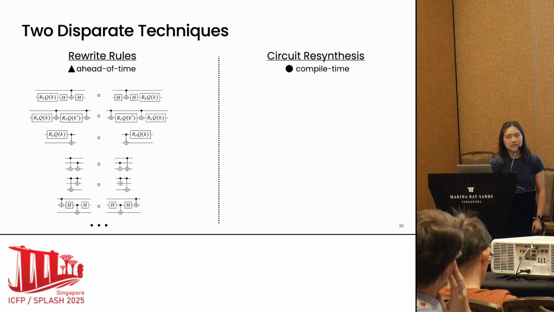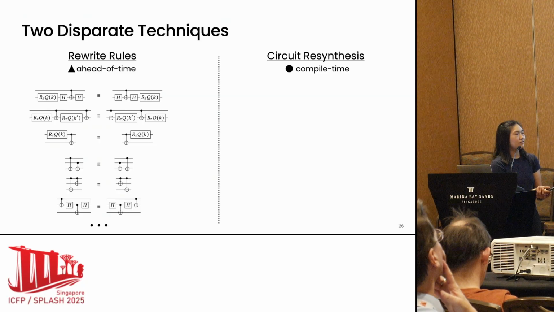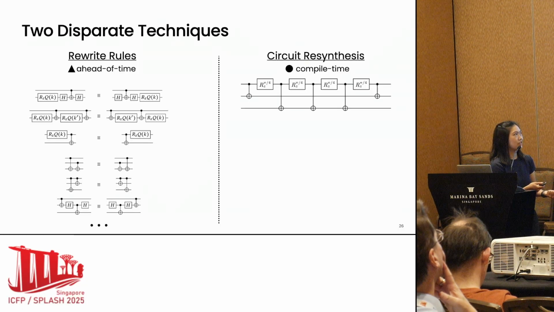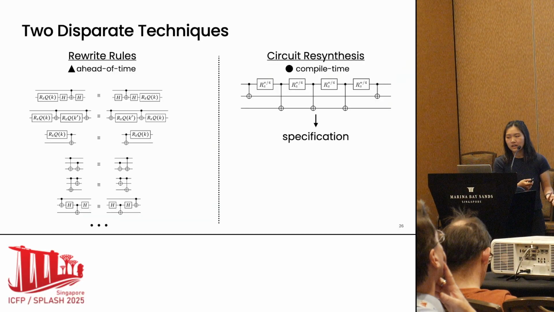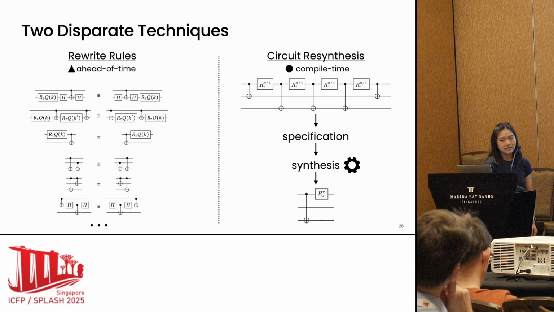But at compile time, there's this notion of being able to resynthesize a circuit. And if you're familiar with program synthesis, this signature will look very familiar. We just have a program, and then we can extract a specification from that. Namely, I can get its unitary matrix, and then just pass that to the synthesis algorithm, and it'll return a circuit that implements that specification.